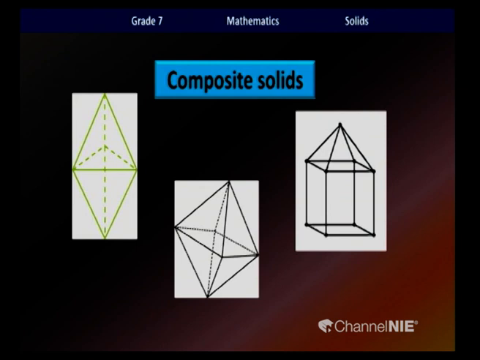First one, we have combined two regular tetrahedrons and made a composite solid. Second one, we have combined two square pyramids and made a composite solid. Third one, we have combined a square pyramid and a cube and made a composite solid.